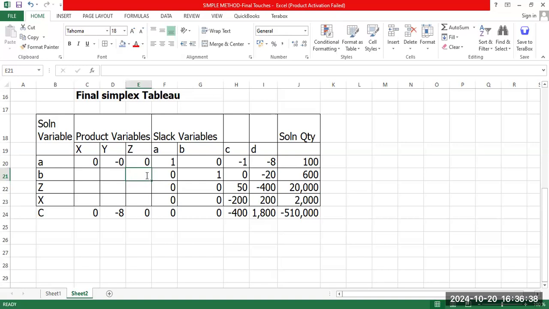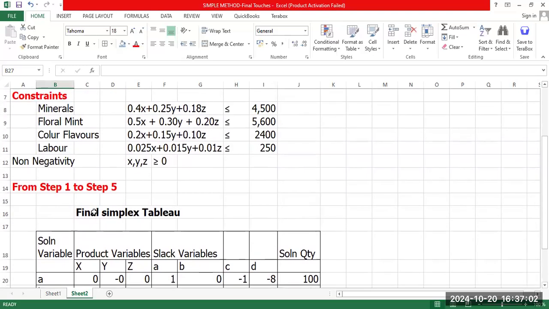Then here, this is 0, 1, 0. Here, 0, 1.5, 0. And here, it will be 0, 0, 1. So this is how your final tableau will look like.